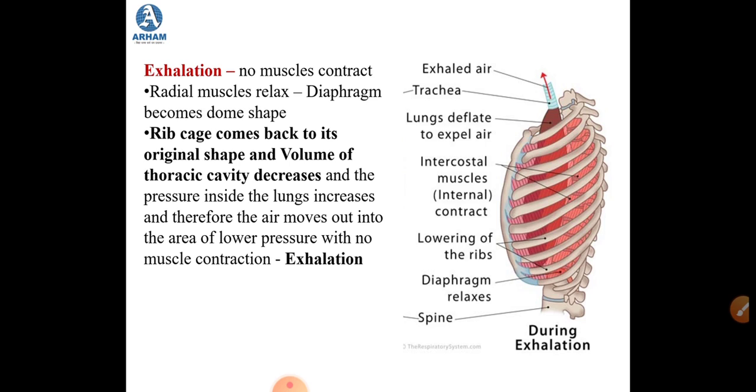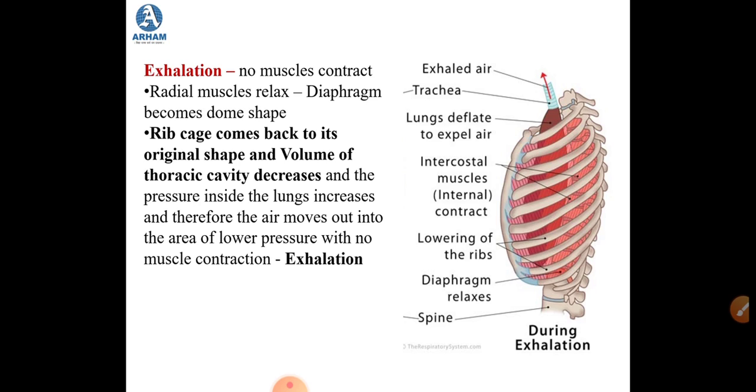Once again, what happens in exhalation? The muscles do not contract, and the radial muscles, also known as the phrenic muscles, relax. As they relax, the diaphragm comes back to its original position, that is, it becomes dome shaped. The rib cage also comes back to its original position, and the volume inside the thoracic cavity decreases.